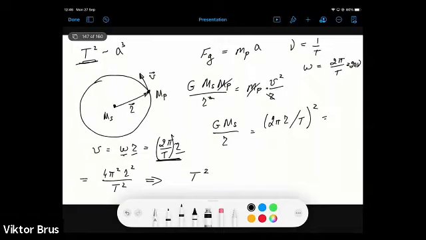So t squared will be equal to 4 pi squared r. Actually, we will put r out of the parentheses. 4 pi squared divided by g times ms, mass of the sun, and here will be r cubed.